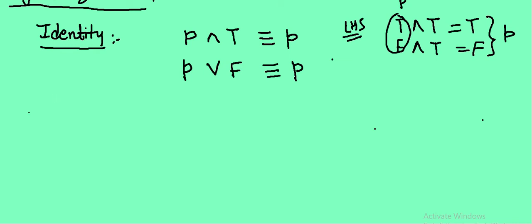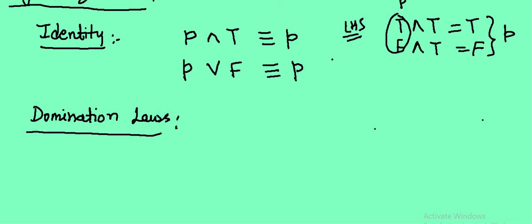Likewise, we have another law which is known as the domination law. Domination laws say that if there is a proposition P and it is in disjunction with T, then it will be evaluated to true.